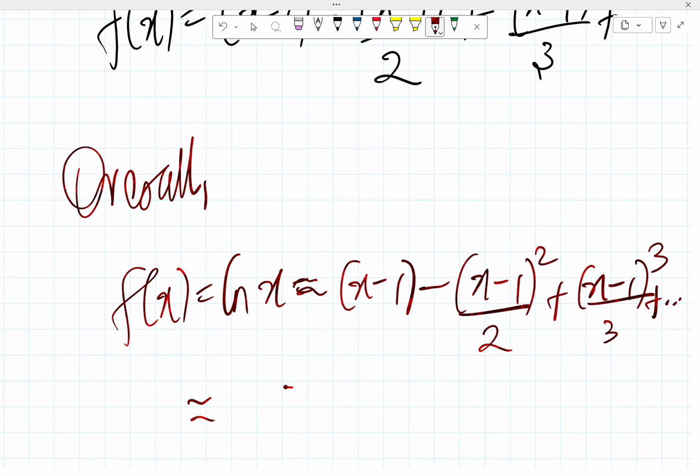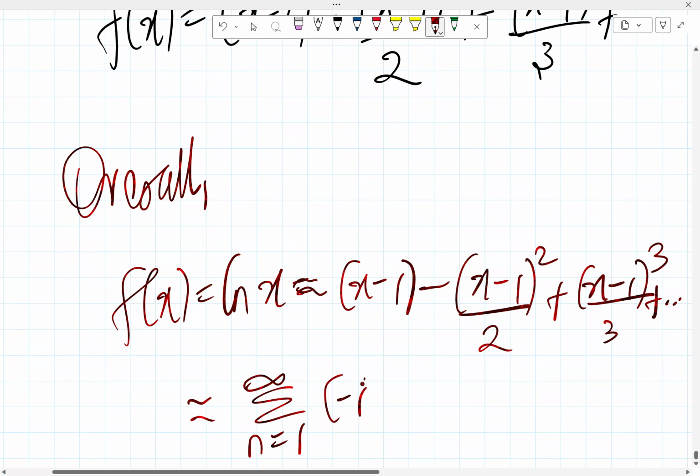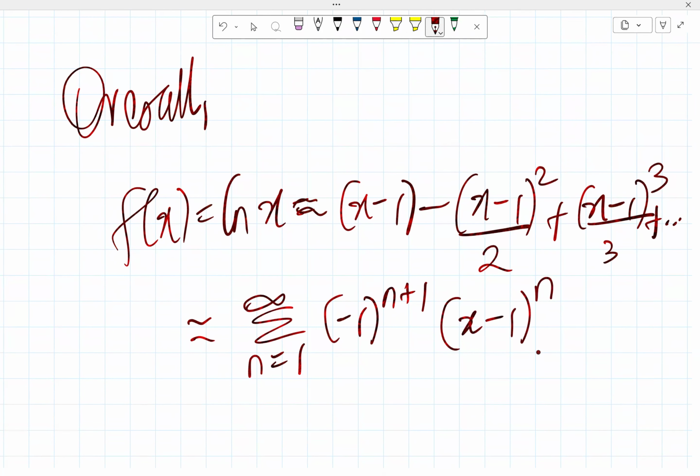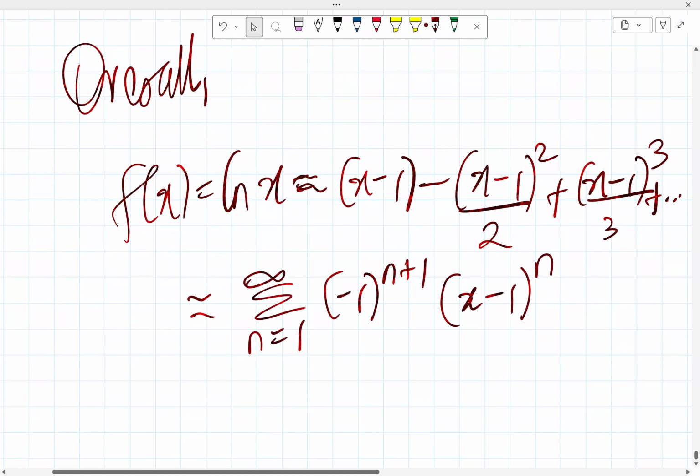So that's like the summation from n equals 1, because the first term is gone, to infinity, of minus 1 raised to power n plus 1, because we have alternating signs. Anytime you have alternating signs, you can use minus 1 raised to power n plus 1, into x minus 1 raised to power n, all over n. I think that works.